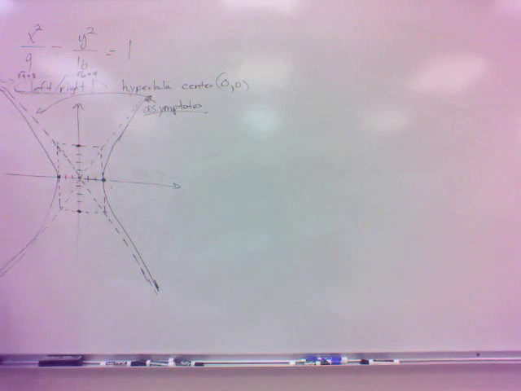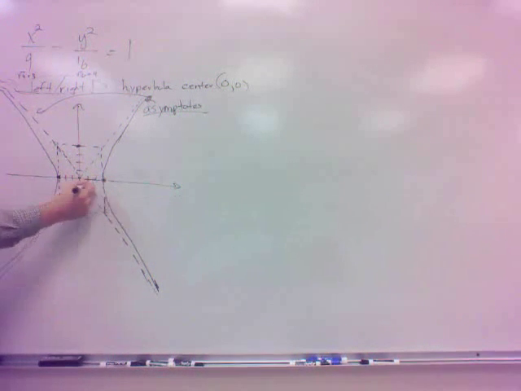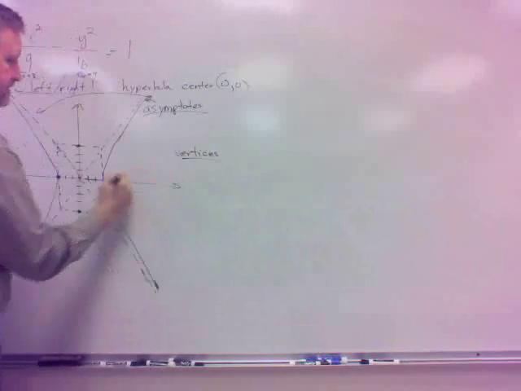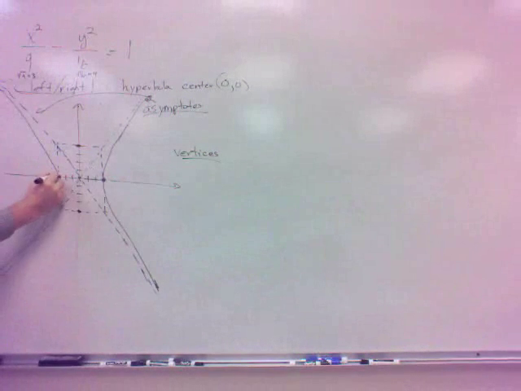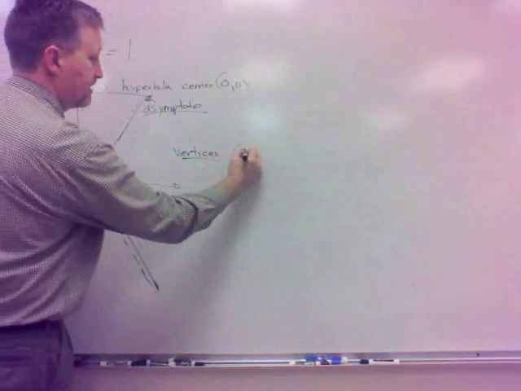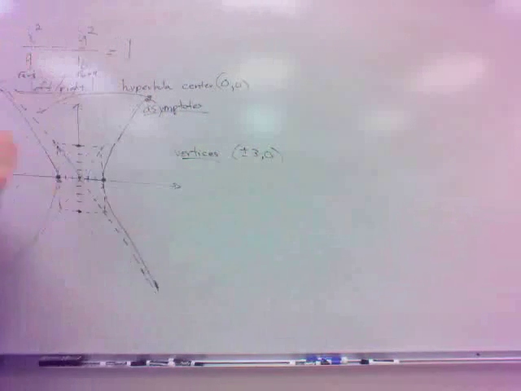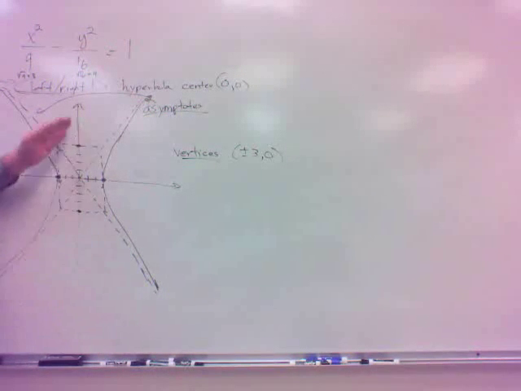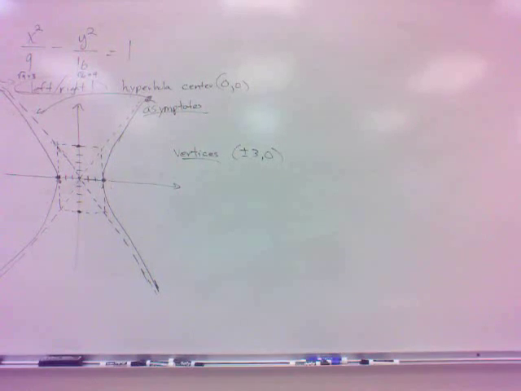Okay? So these points in here are the vertices, kind of the turning points. It's this point, -3, that's +3, so plus or minus 3, 0 are the vertices. These two points just help me make the rectangle, so they don't really come in on the graph here.